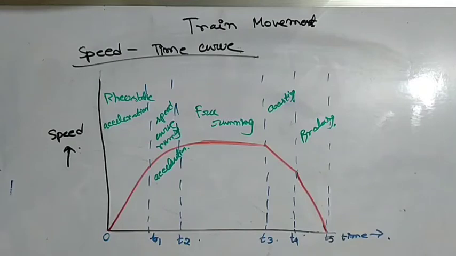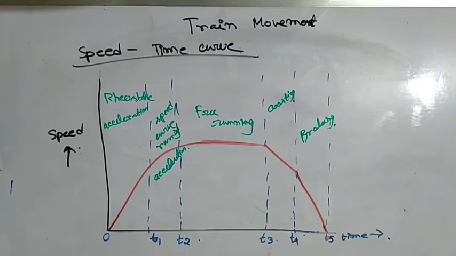And similarly with suburban service, where there is relatively longer distance between stations, the coasting period is longer but the free running period is again absent, and in order to have frequent service of trains, high values of acceleration and retardation are required. Typical recommended values are 2.5 km per hour per second and 4 km per hour per second respectively.